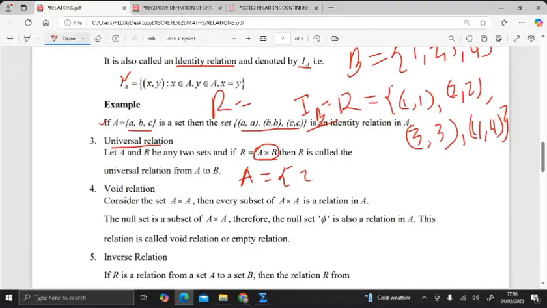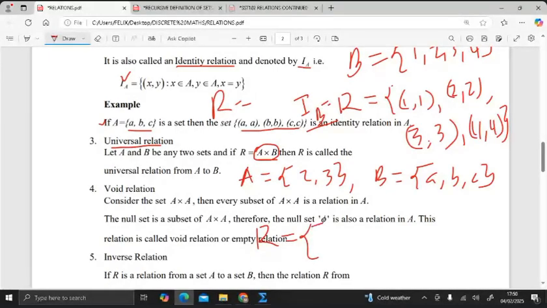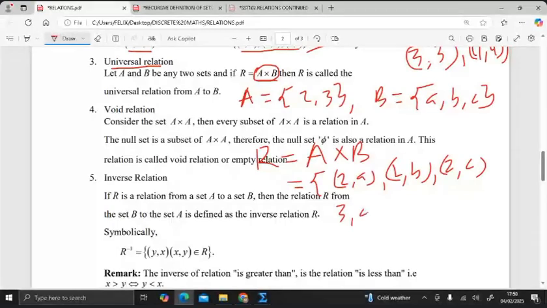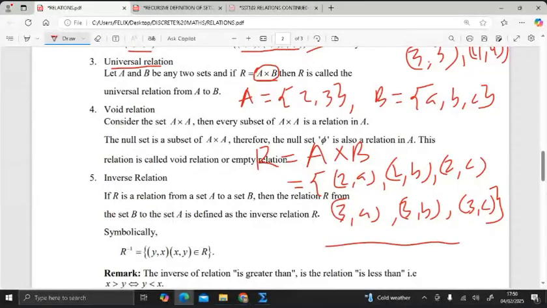If we have A equal to 2, 3, and then let's say B equal to A, B, C, then the universal relation is simply the Cartesian product of A and B. In this case, we have 2A, 2B, 2C, and then we continue 3A, 3B, and the last one, the ordered pair 3C. This is what we call the universal relation.